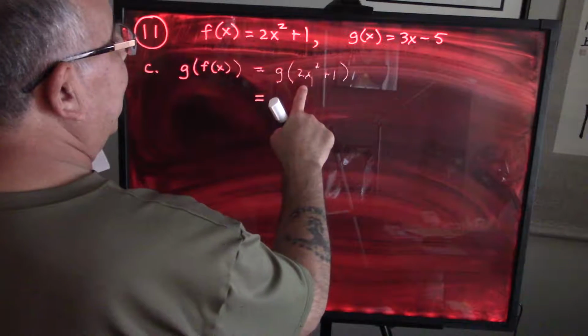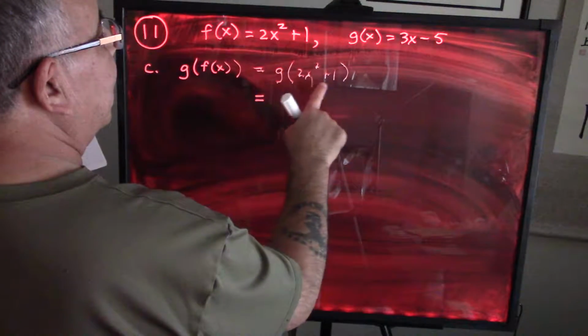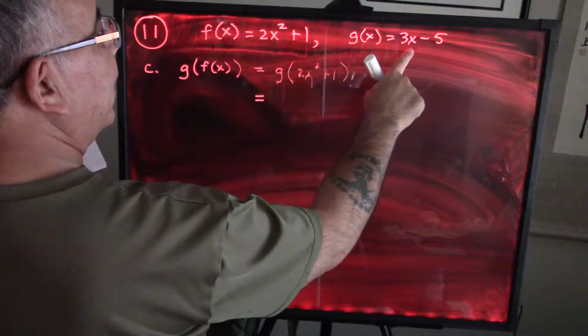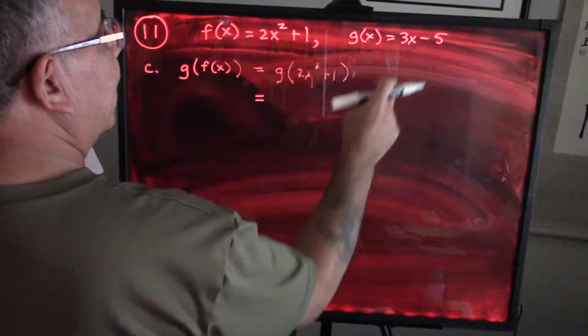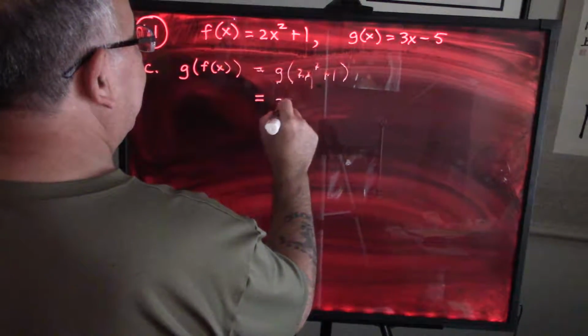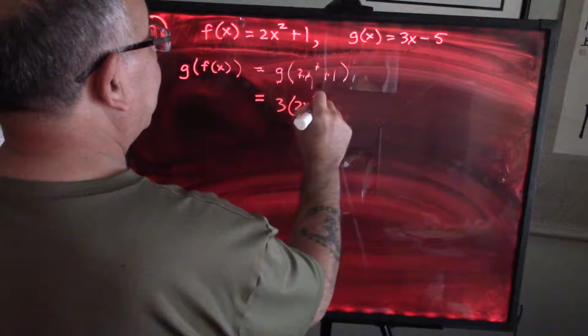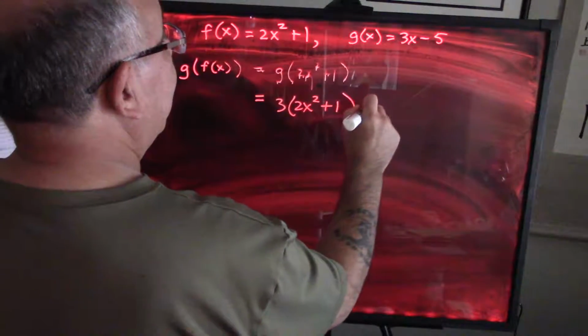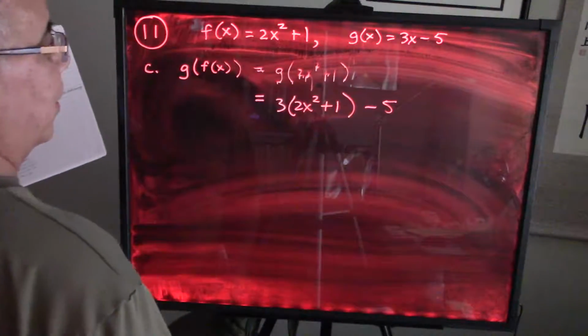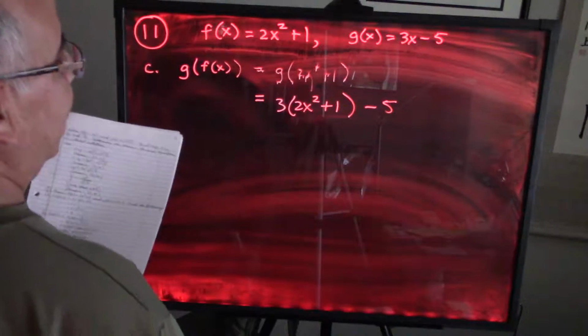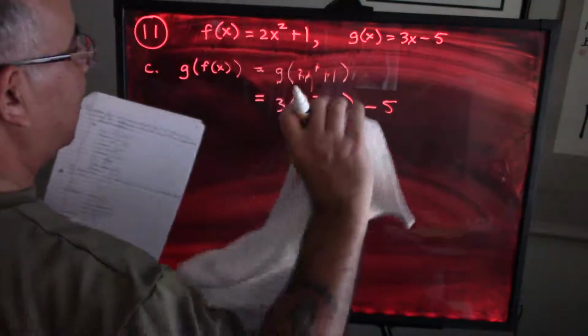So you plug this 2x squared plus 1 right there in the x on g of x. So that's 3 times 2x squared plus 1 minus 5.